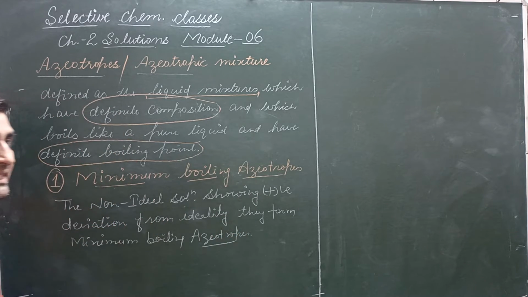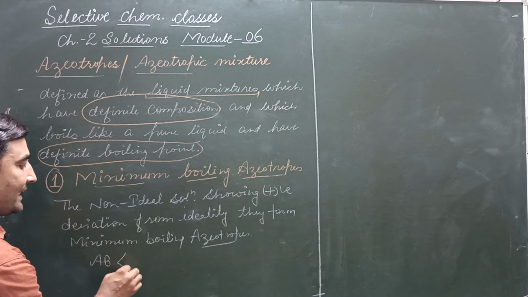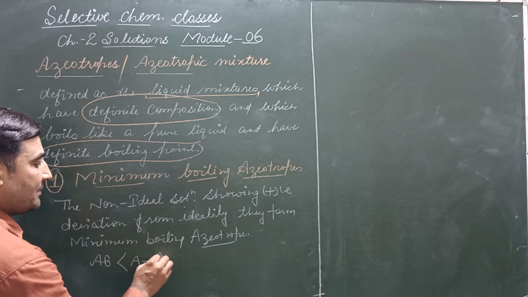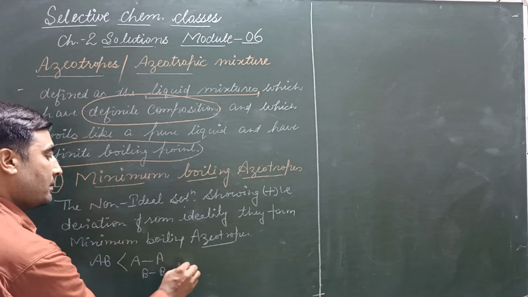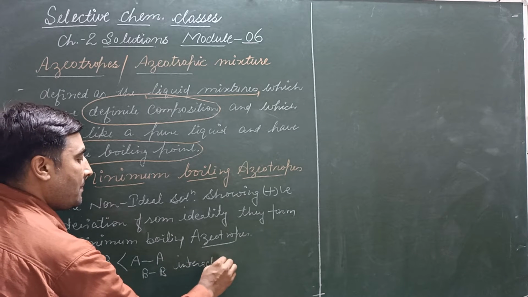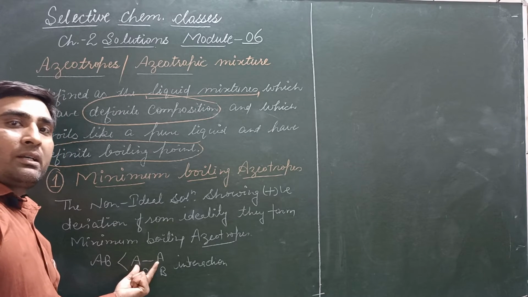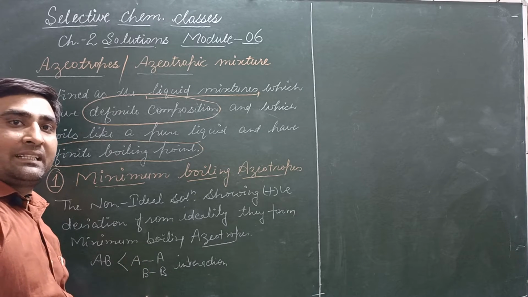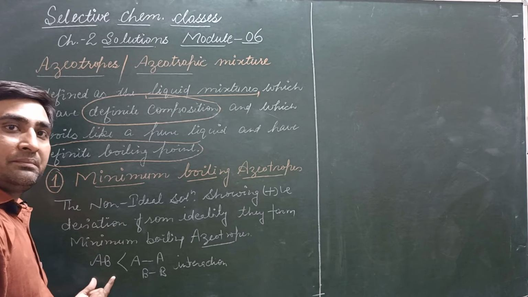In such liquid mixtures, the A-B interaction is weak as compared to the A-A and B-B interactions. It means the solute-solute or solvent-solvent interaction is greater as compared to the solute-solvent interaction.